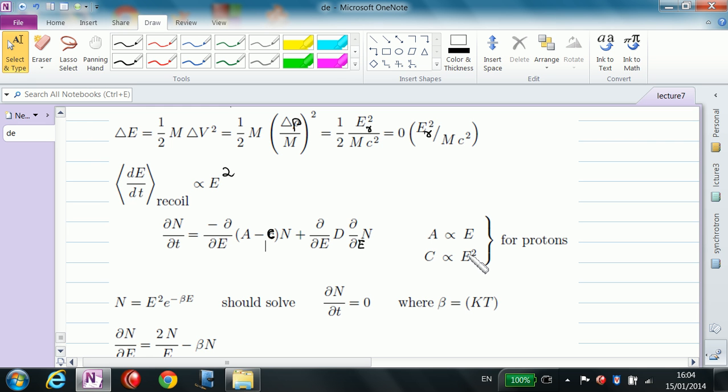And I don't even know if it means photons or protons here. I should have taken up my notes.